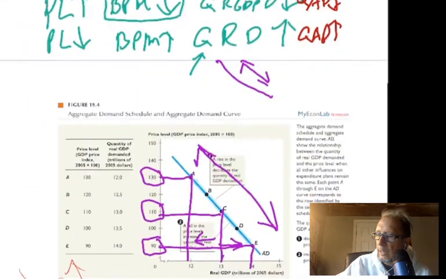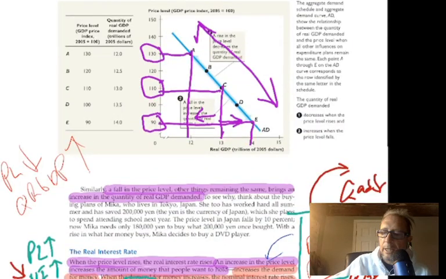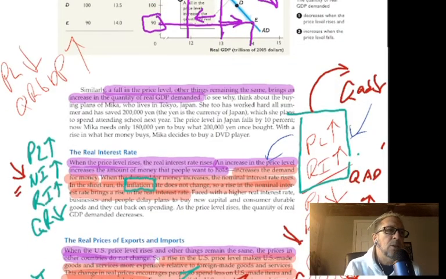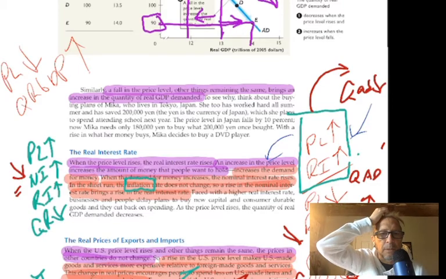The real interest rates are changing because as price levels are rising, we need to hold on to our money so that we have more money to pay for the goods because they're becoming more expensive. Basically, look at it like this: in answer to that, banks are going to raise their interest rates to try to entice us to put our money into the bank, basically raising the opportunity cost of holding money.